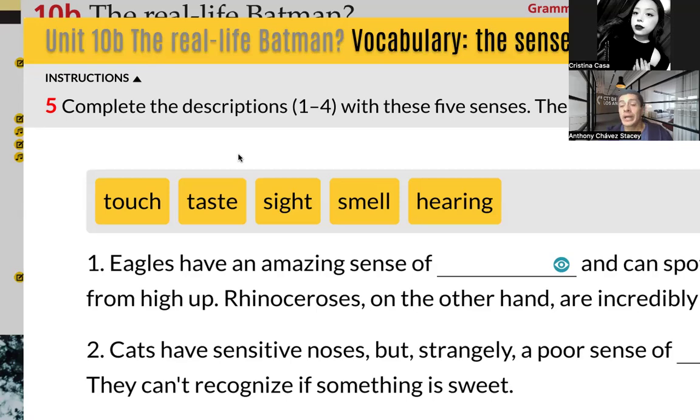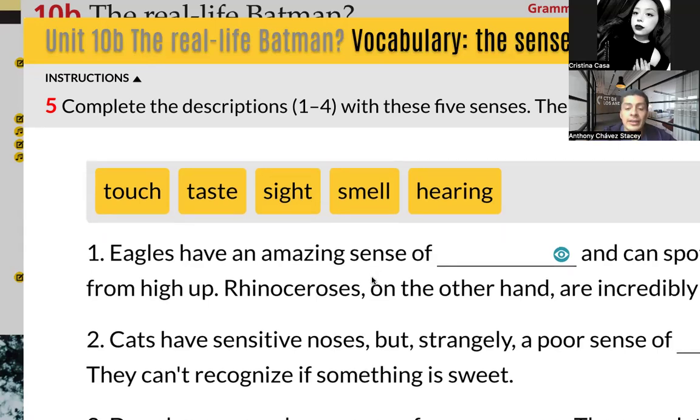Smell, when you are in the woods and you are experiencing a relaxing smell through the forest. Hearing, you are hearing the little birds singing in the morning. So you have these senses: touch, taste, sight, smell, and hearing.